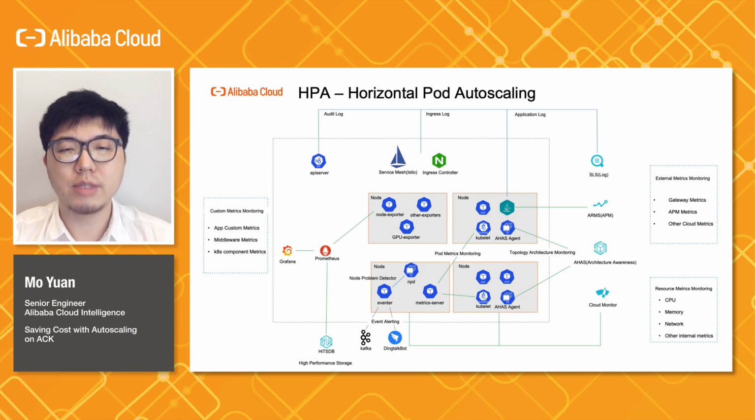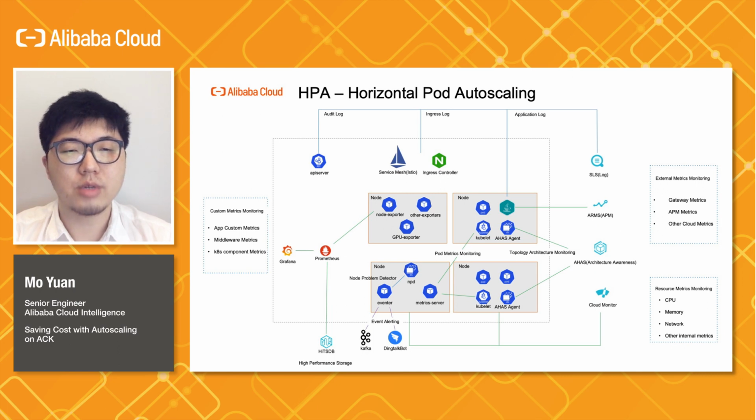You can use ARMS to visualize the status of the JVM and deep dive into your application performance tuning. AHAS is an architecture awareness cloud service. When you are using microservices to structure a system, AHAS can help you visualize the network flow between different microservices.